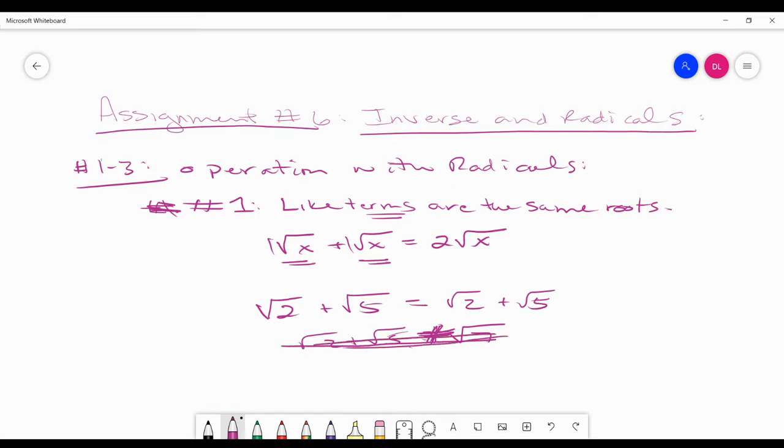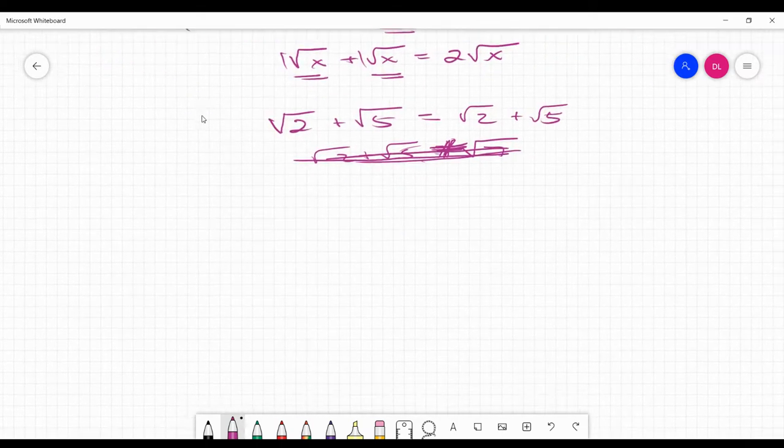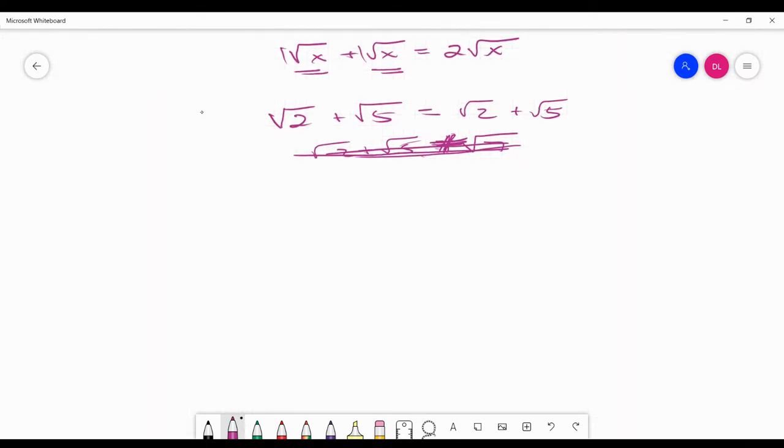All right. So as we tackle this stuff, that means you have to simplify things. So let's say the square root of 12 plus the square root of 2 plus 7 square roots of 2.